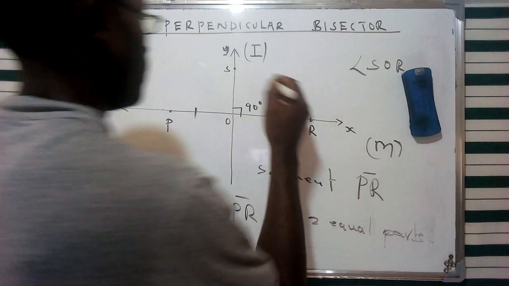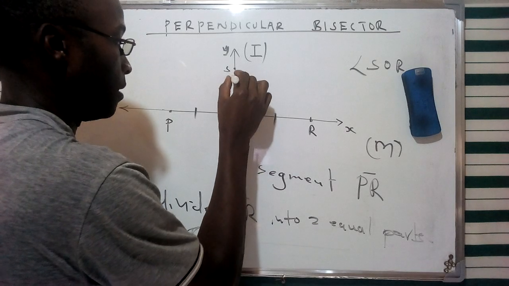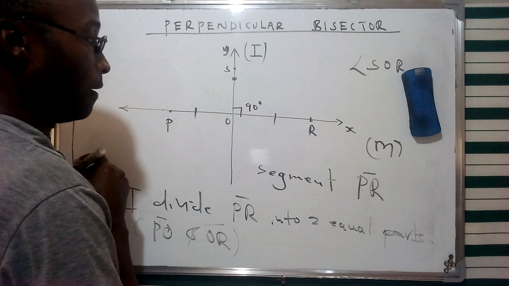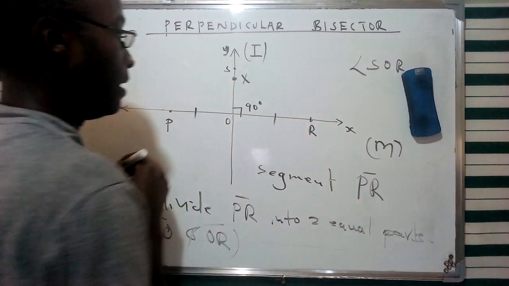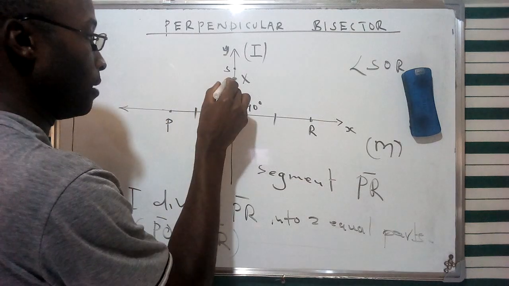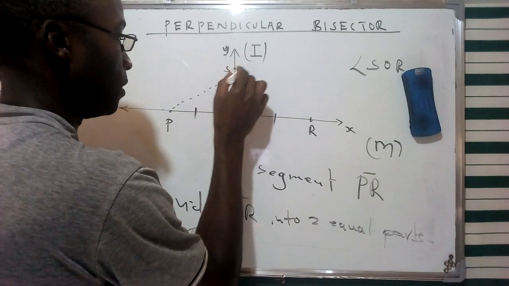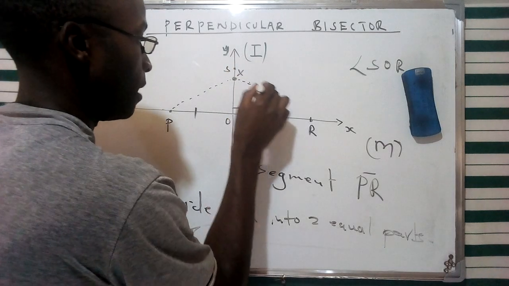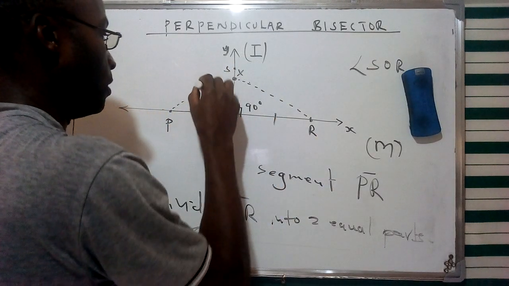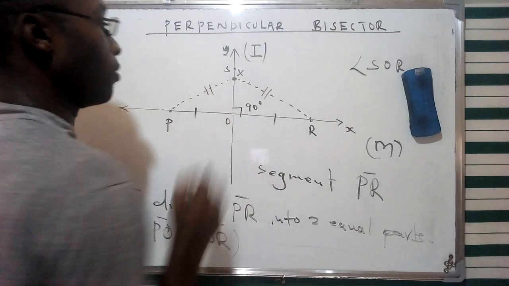So this implies that if I have a point in between OS, perhaps a point X, then point X is going to be equidistant from the endpoints which I've described, R and P. So this particular length and this one are going to be equal.